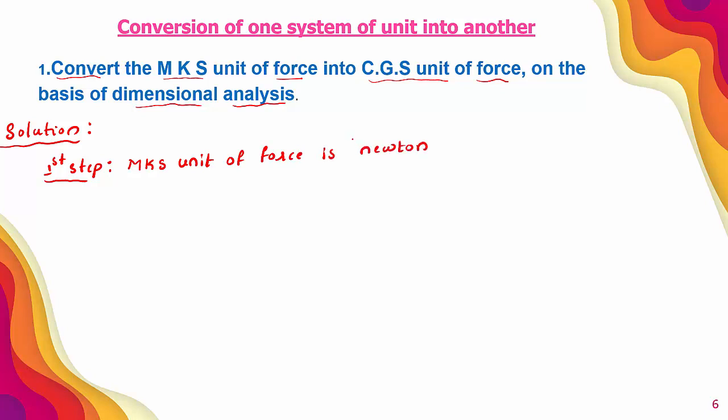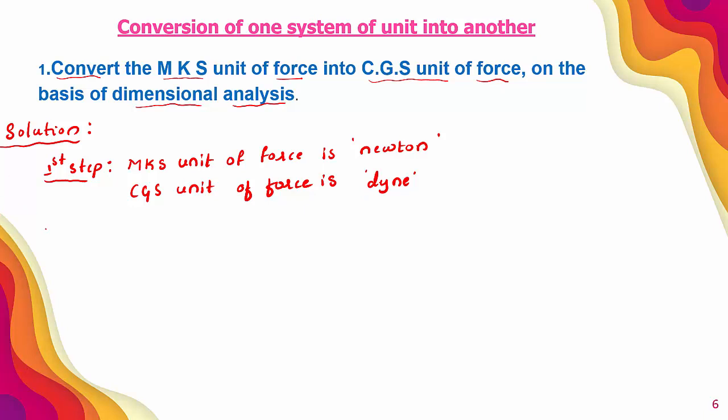What is the MKS unit of force? Newton. And similarly, the CGS unit of force is Dyne. Right? This is the first step. First step, we have to write the MKS unit and CGS unit of force.